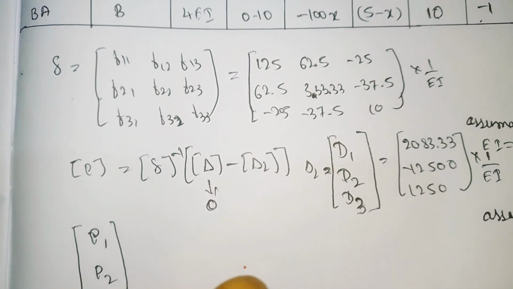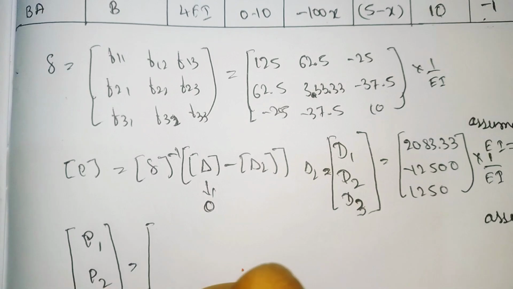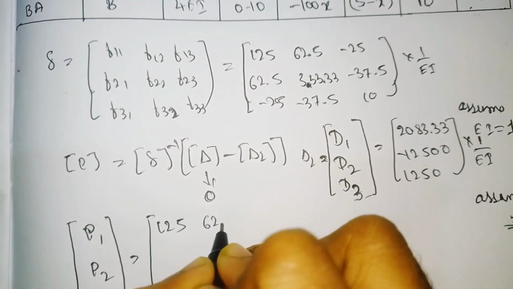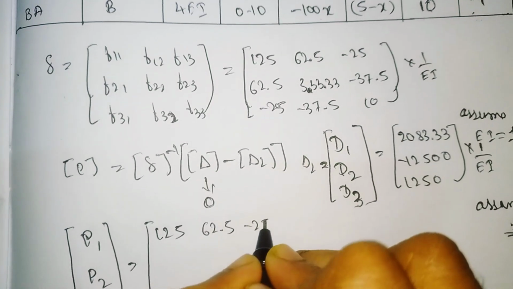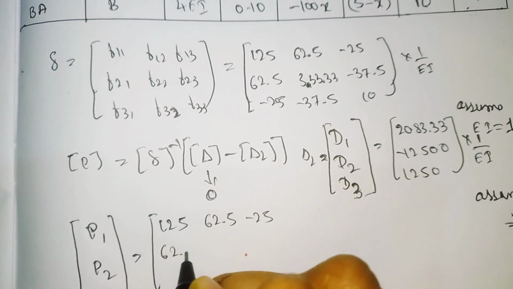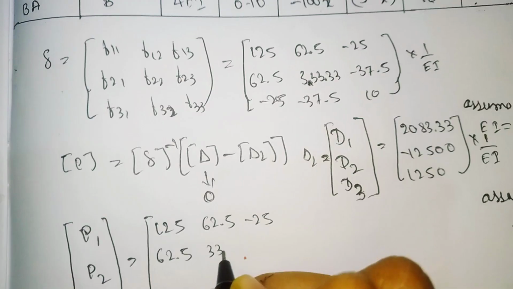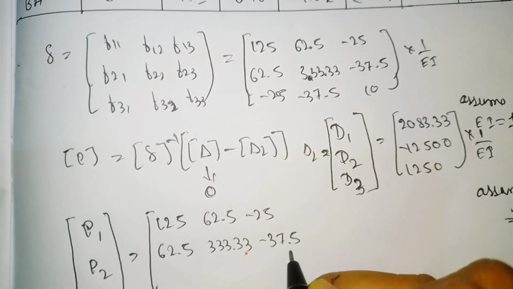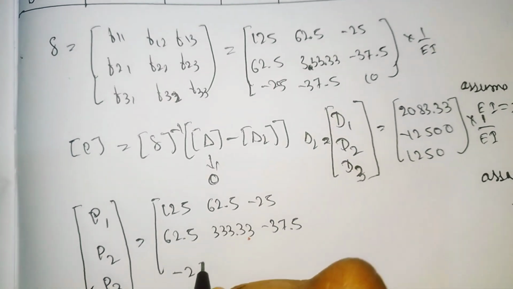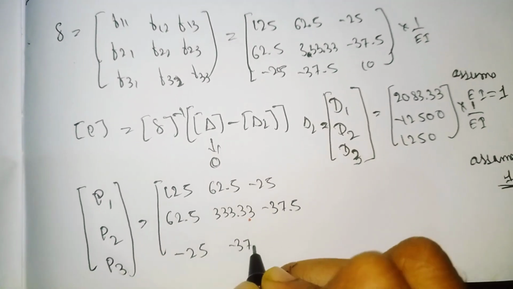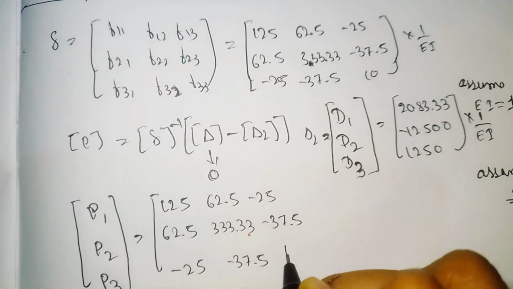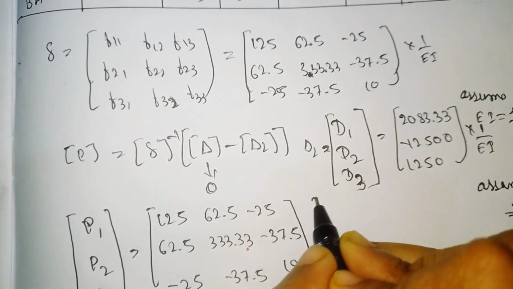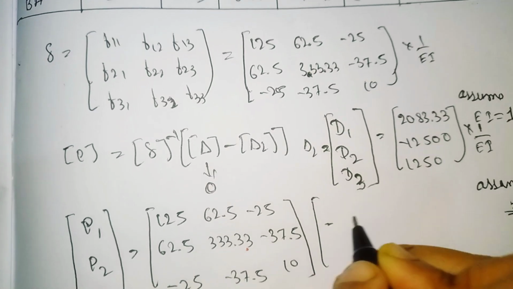Now put all the flexibility matrix values here: 125, 62.5, minus 25, 62.5, 333.33, minus 37.5, minus 25, minus 37.5 and 10. Now we need to take the inverse of this.